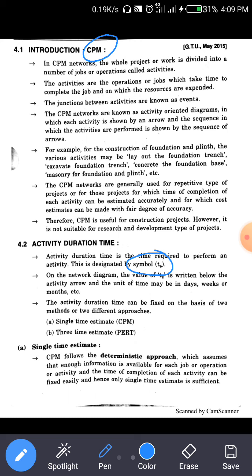CPM follows the deterministic approach, which assumes that enough information is available for each job or activity and the time for completion of the activity can be fixed easily. So a single time estimate is sufficient. Here the time is fixed, and no extra time is required to complete the activities.